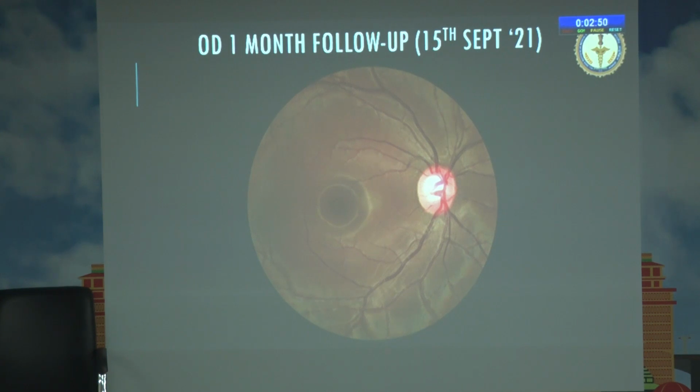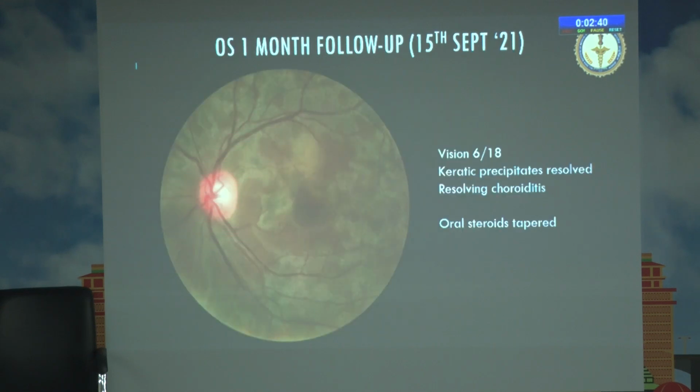So I'll be going through serial fundus photographs, right followed by the left. At 1 month follow-up on oral steroids, the right eye was again quiescent, it was the same, and the left eye was showing a healing pattern. We can see the lesions are more well demarcated now, acquiring pigmentation. The vision had also improved to 6/18, the KPs had resolved, and with that picture we started tapering the oral steroids.